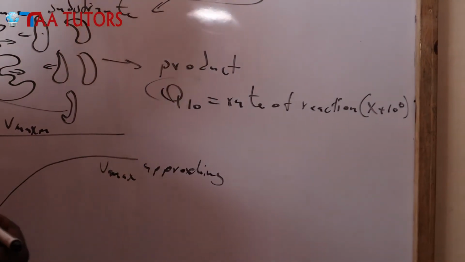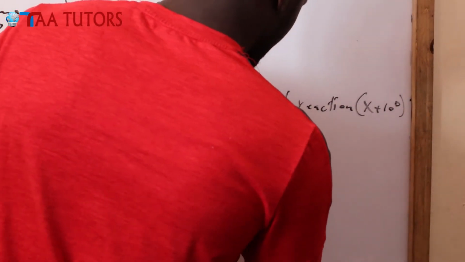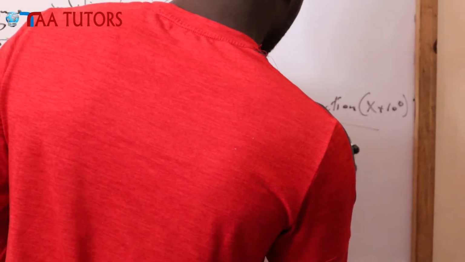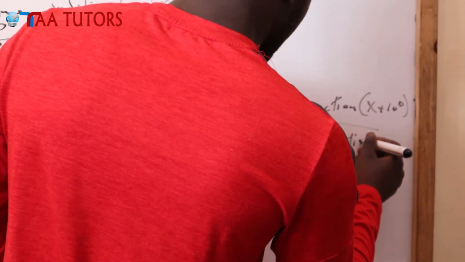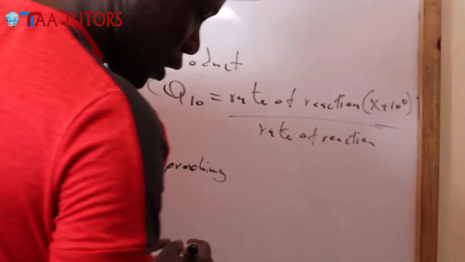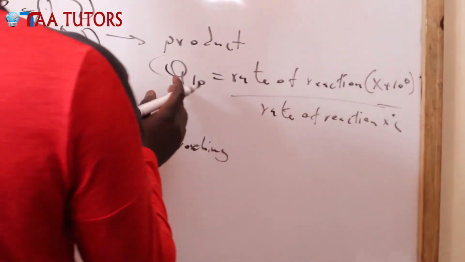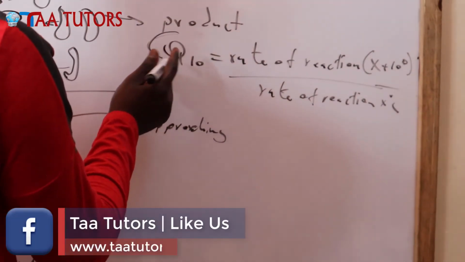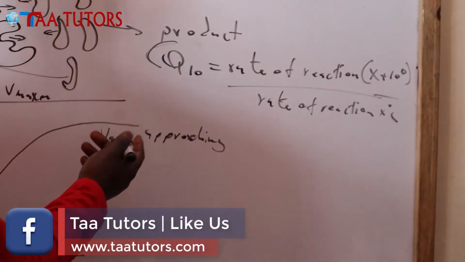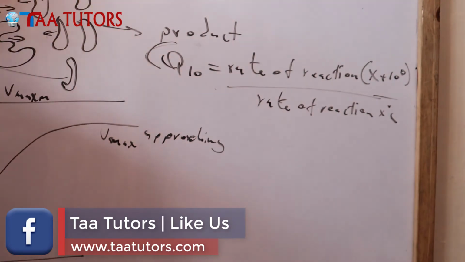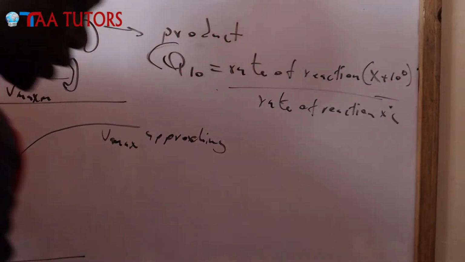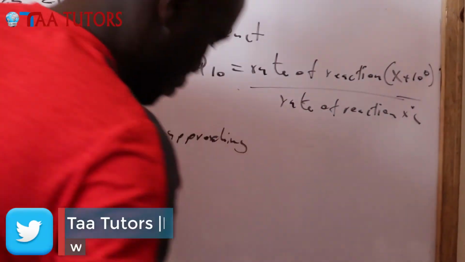So that is one thing that we should be understanding here. This will be over the rate of reaction at temperature x degrees Celsius. So this is how we can express that increase in rate of reaction in relation to the increase in temperature, in terms of that particular equation.